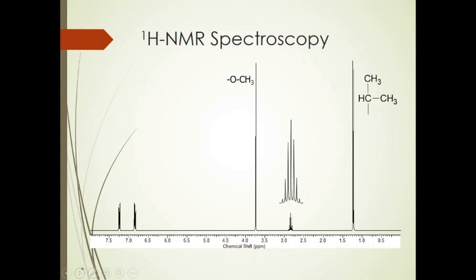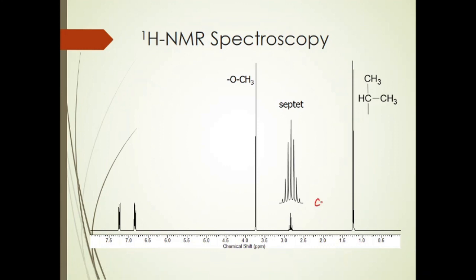Next peak, again, it helps to expand it. And we can see then that we have 1, 2, 3, 4, 5, and then small ones here, 6, 7. So we have 7 peaks. That makes this a septet. That means also that we have 6 neighboring hydrogens.